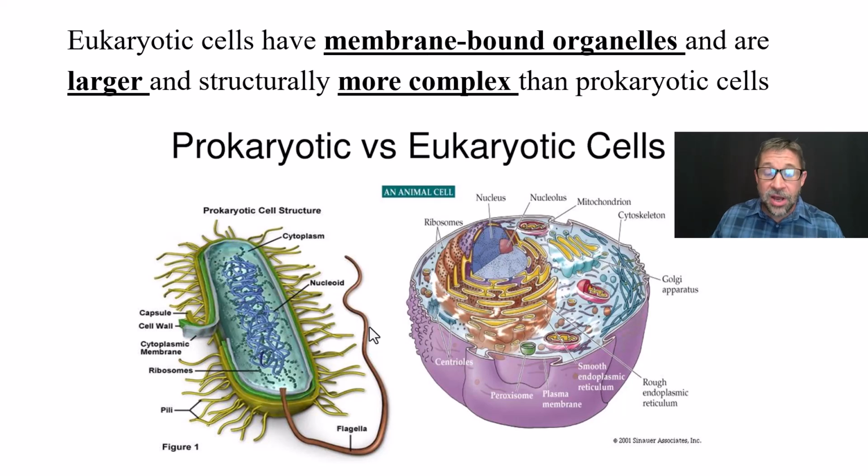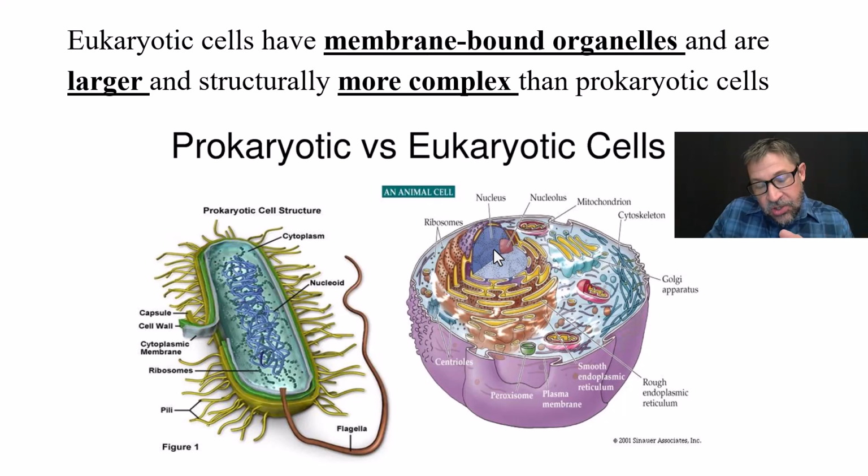The eukaryotic cell on the right is larger, it's more complex, it possesses a nuclear envelope. You can see the nucleus here, as well as numerous membrane-bound organelles, including things like mitochondria, chloroplasts in plant and algal cells.